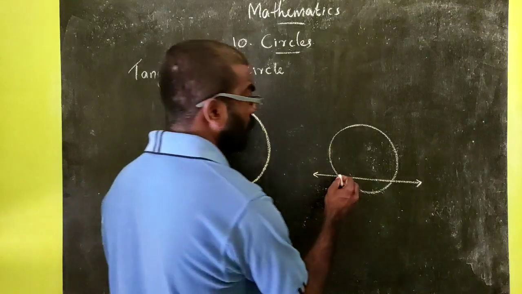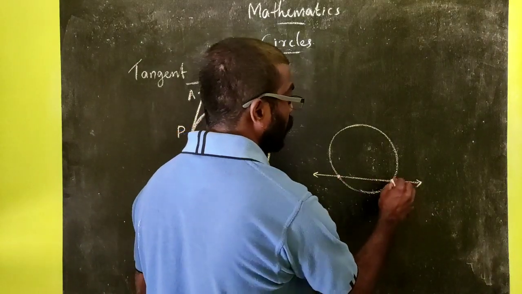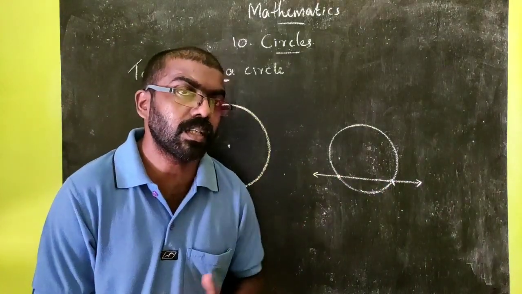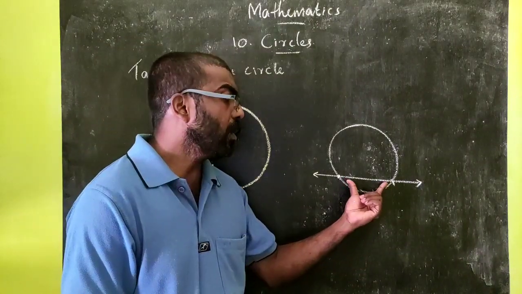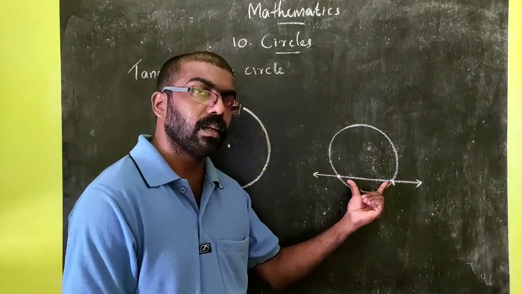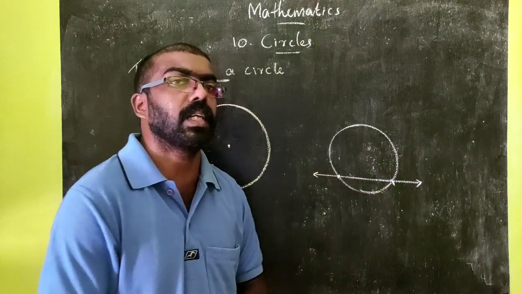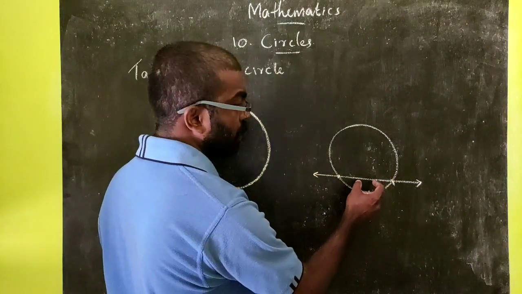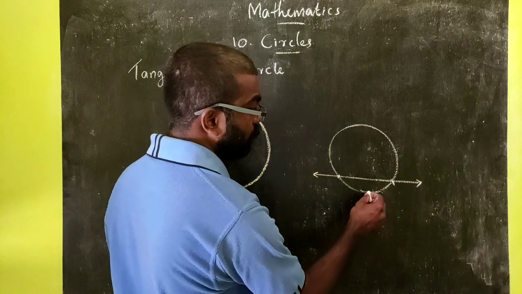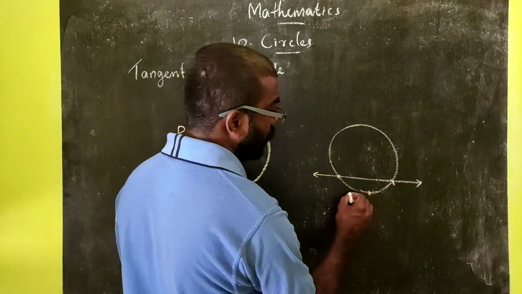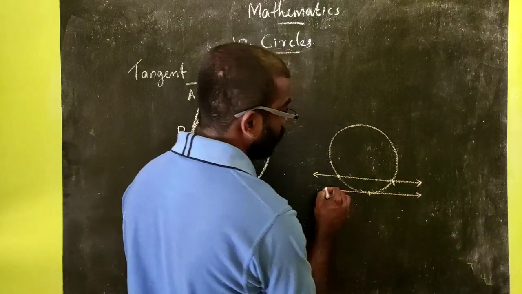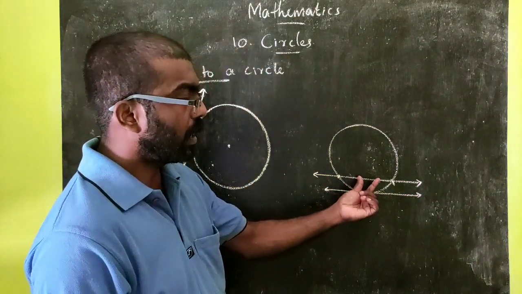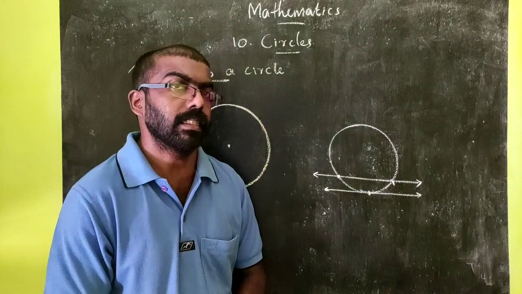Here the line intersects the circle at two distinct points. Here tangent is a special case of secant. Why is it so called? When the endpoints of the secant coincide it becomes a tangent. Suppose you drag this line and fix it at a point on the circle, then this line becomes a tangent.